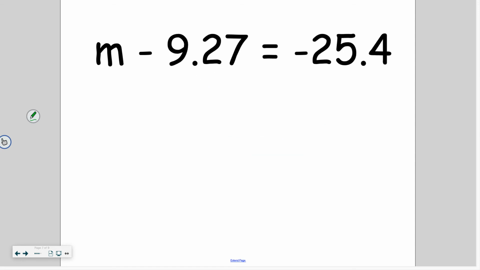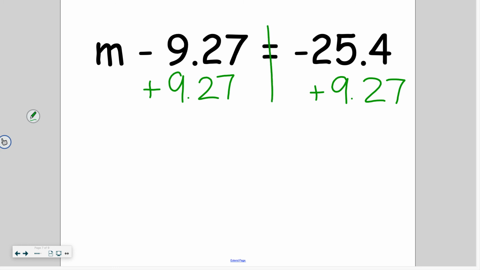This same kind of process can be used with decimals. So I've got m minus 9.27 is equal to negative 25.4. In order to solve this problem, I'm going to need to add 9.27 to both sides. To get rid of a negative 9.27, I'm going to add 9.27.